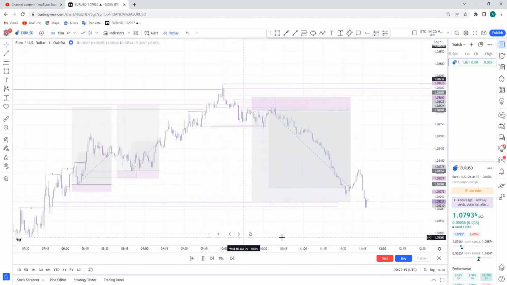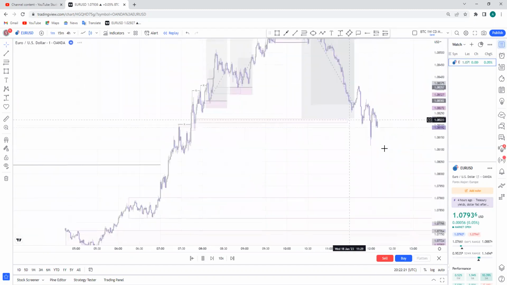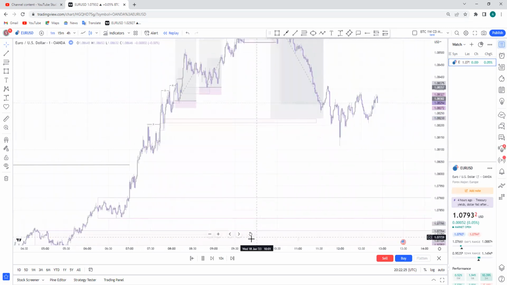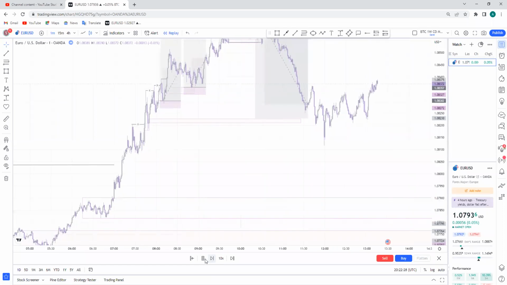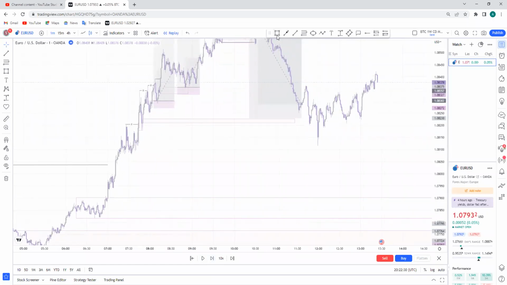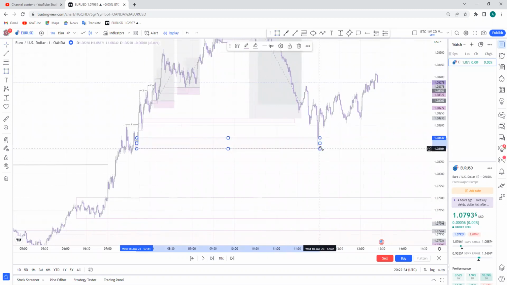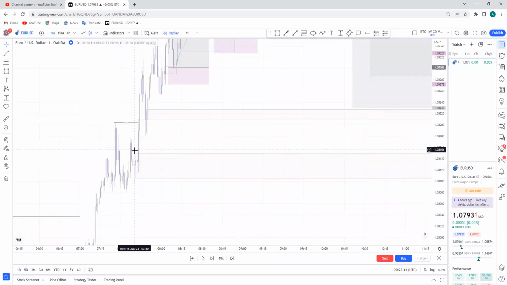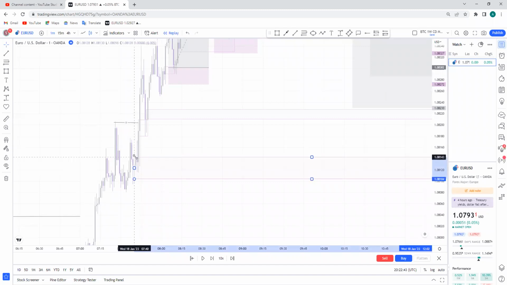And what did the price do? Price started selling. Then price got here and reacted.